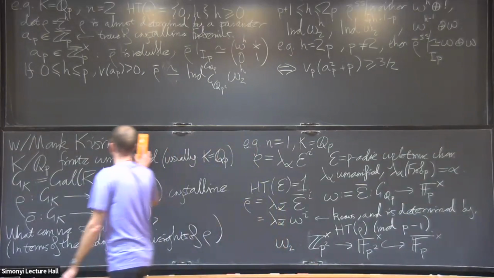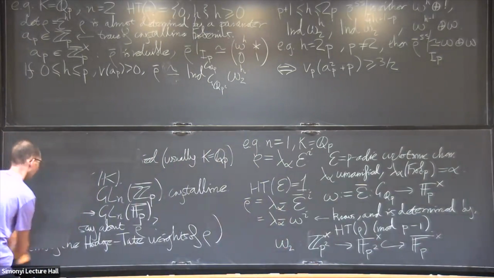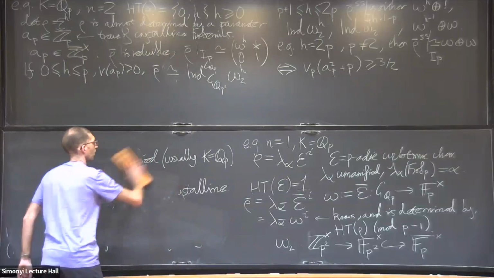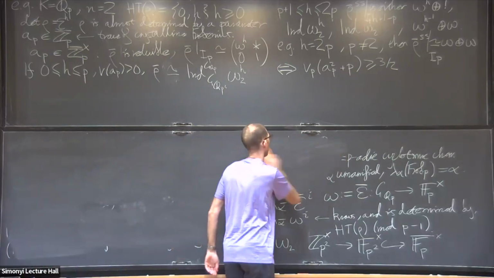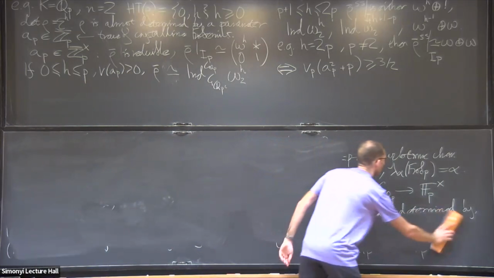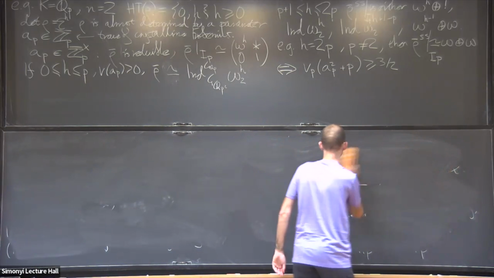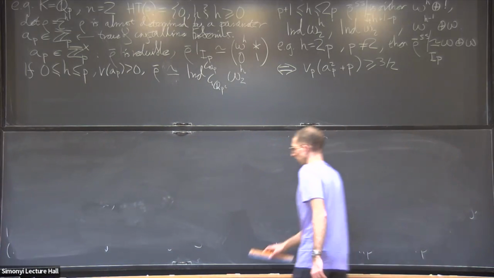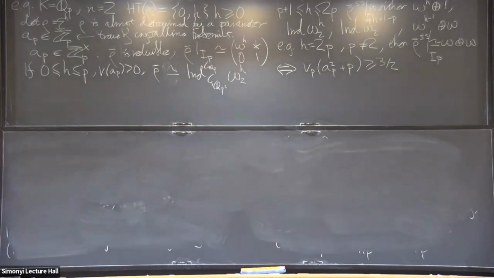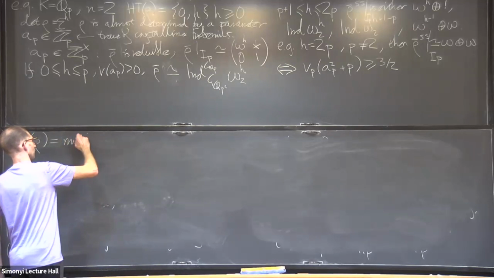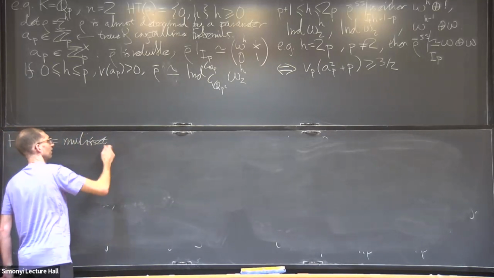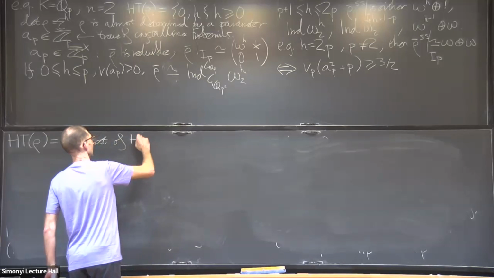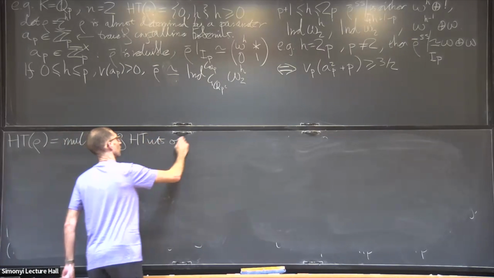Let me also write HT of rho, just to be explicit, the multi-set, also of cardinality n, my rank, of Hodge-Tate weights of rho.